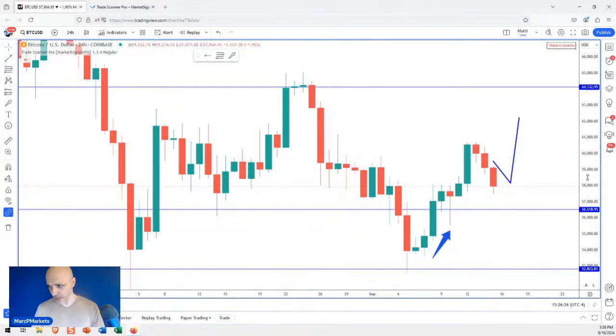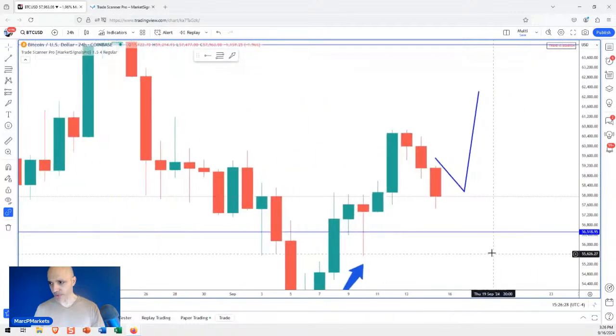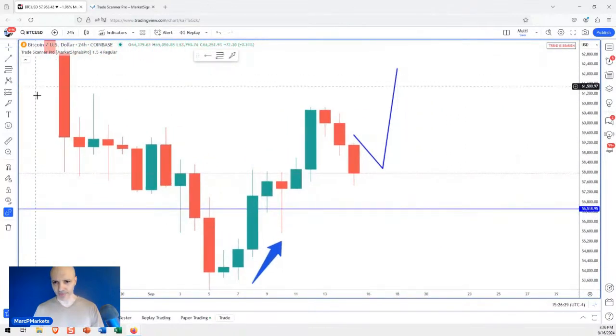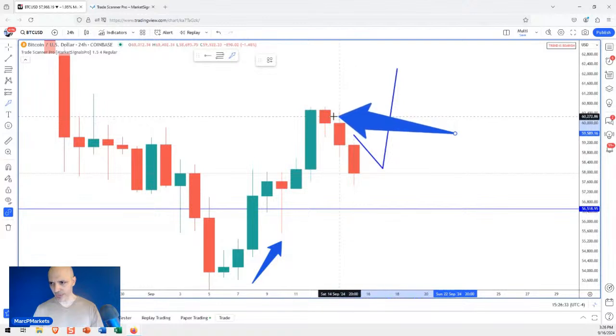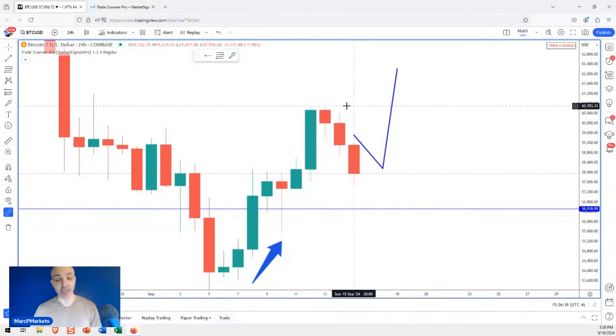Now, I'm bringing all of this up because on this chart here, we have this candle right here. See this candle that I'm pointing to? That candle is basically an inside bar.